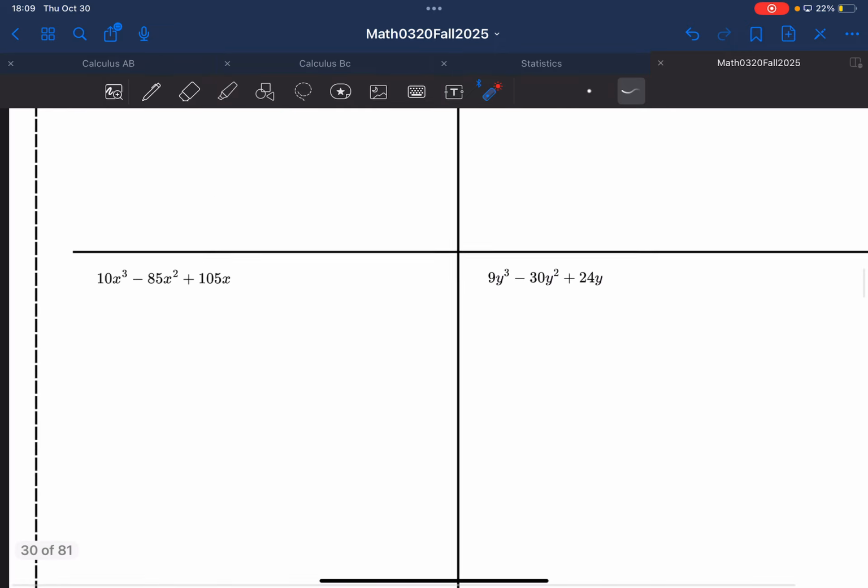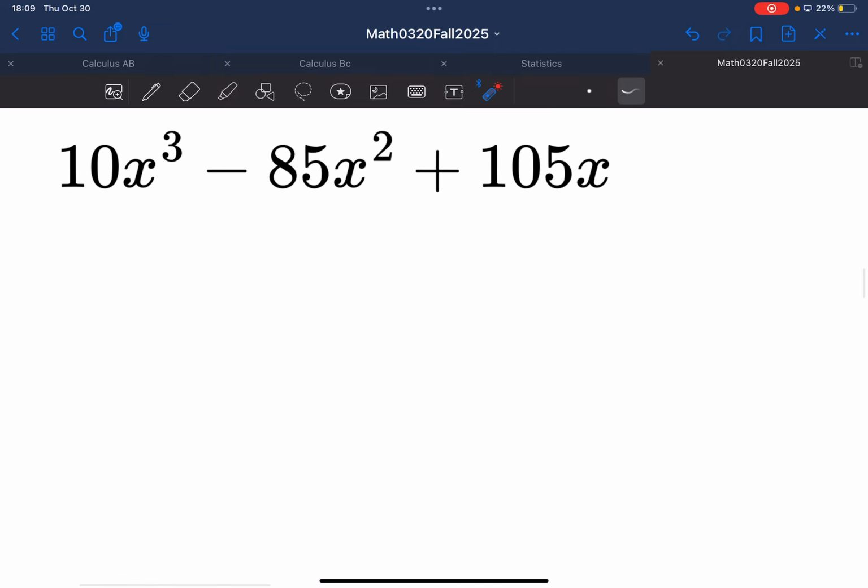So the next one now is not only do we need to check that everything's in order, we now need to see if we need to take out a GCF before we even begin. Okay, so can we take a GCF out from each of these? 5 and an x.